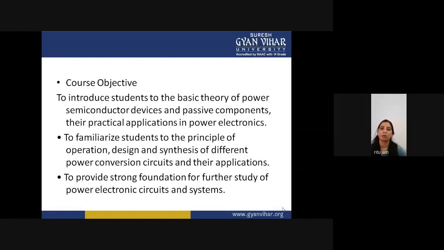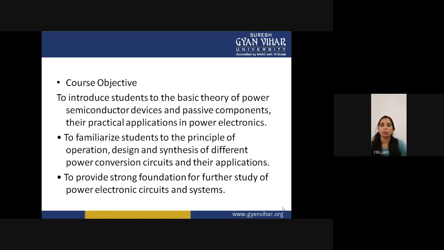Now, what are the course objectives? The objective of this lecture is to discuss the different kinds of rectifiers, controlled and uncontrolled.